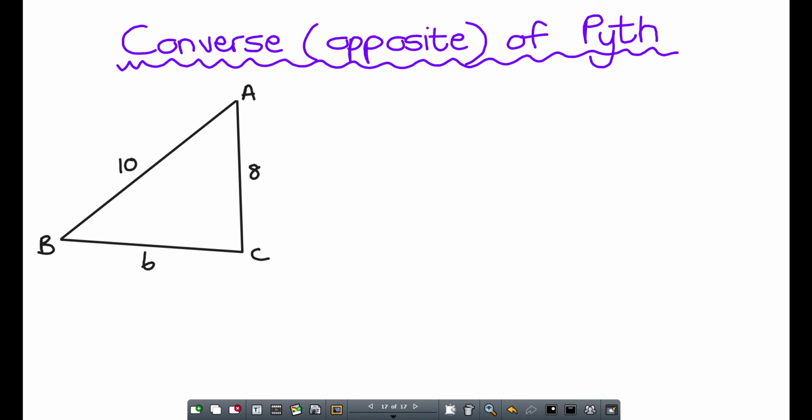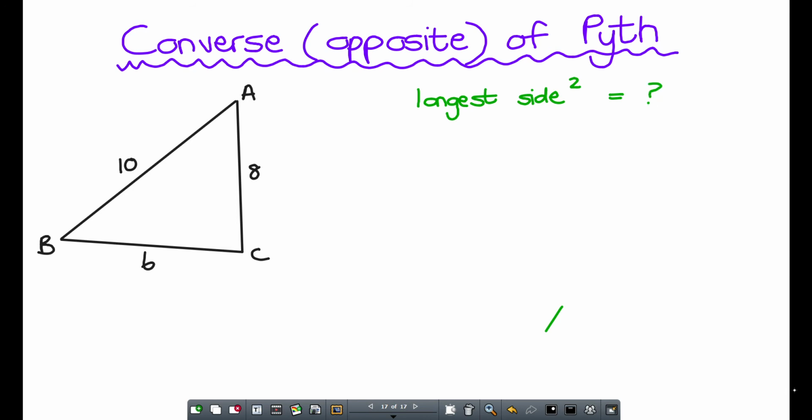So what we're going to do is, I'm going to write it out in wording first, and then we do the example. So what you usually do is we take the longest side, squared, and see how much it is equal to.